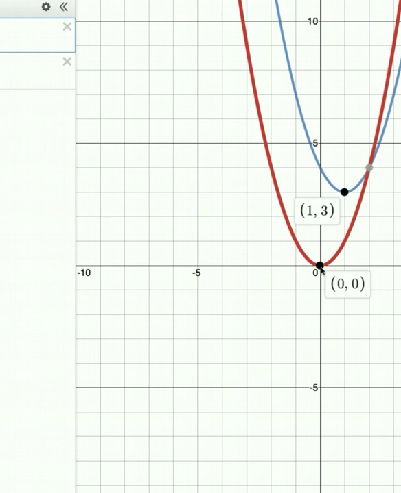In fact, it's an absolute minimum as far as y values go. This is called the vertex. Notice that this has a vertex at 0, 0. This has a vertex at 1, 3. So I've taken the vertex of the original, which was at the origin, 1 unit in the x direction and 3 units in the y direction, and we get the vertex of the second parabola. Just an illustration that we were indeed correct in working out the previous problem.